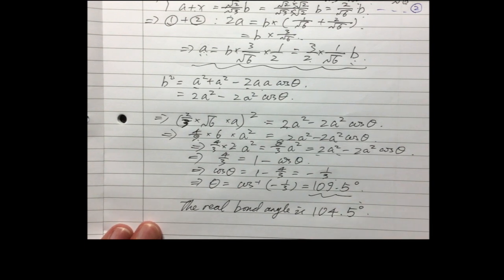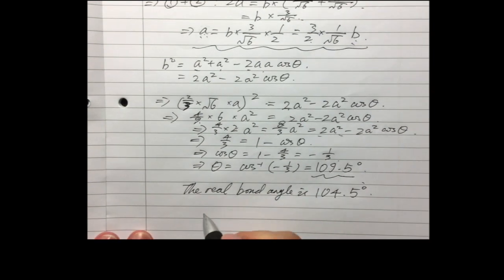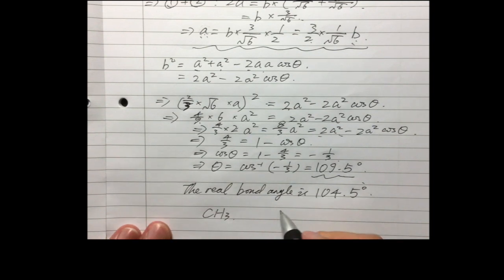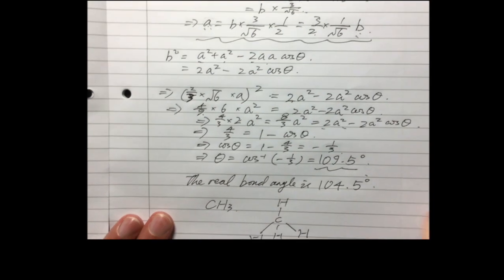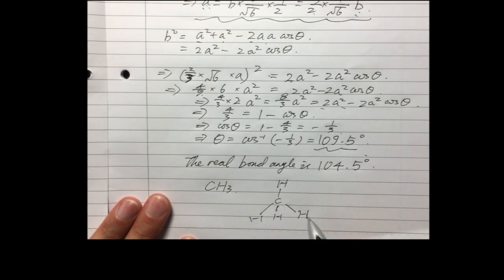How about this case? We still can find something for this case, perfectly symmetrical, which is methane. Because here for methane, you got 4 hydrogens. All of them are the same, with 1 electron inside, 1 electron inside, 1 electron inside, 1 electron inside.